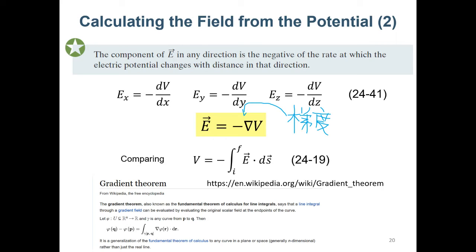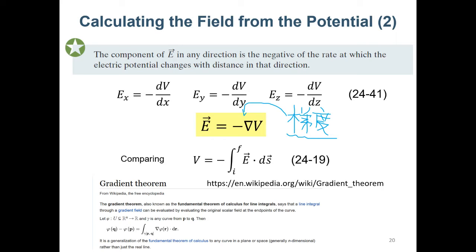Sometimes we write it like this. So this is a gradient. Its proper name is the gradient, and sometimes we call it the del, or the inverted triangle.